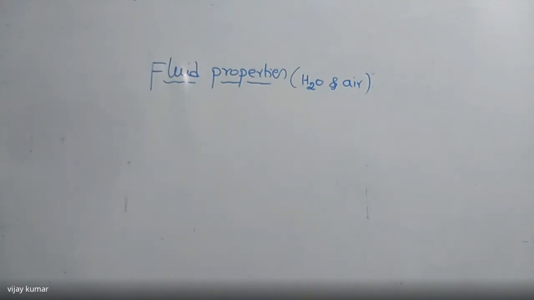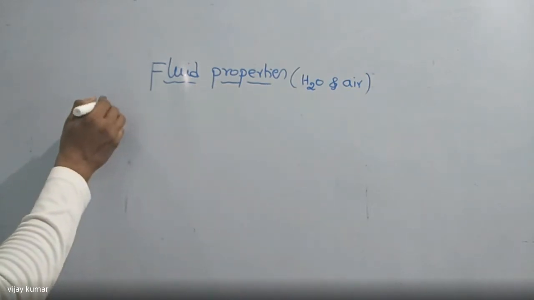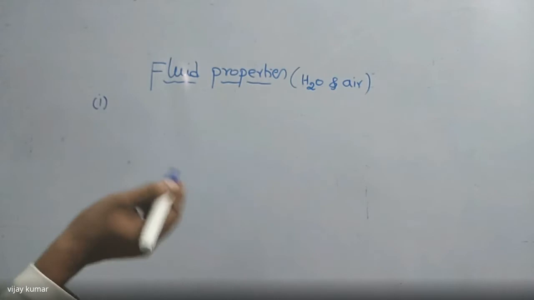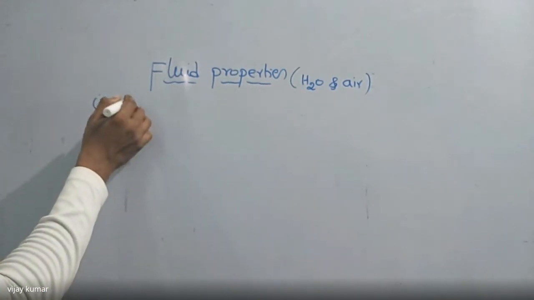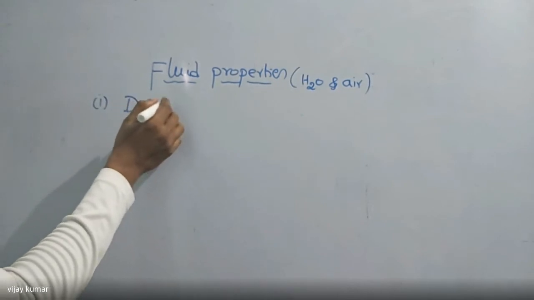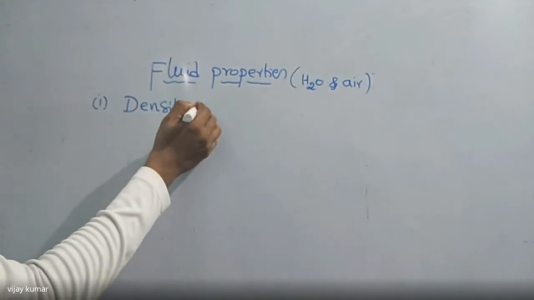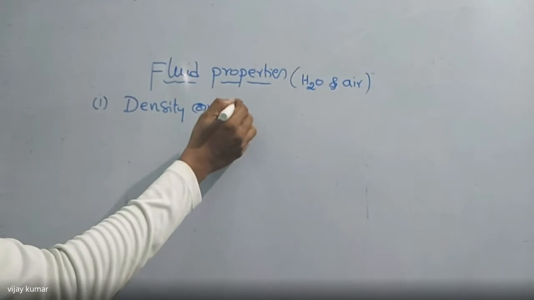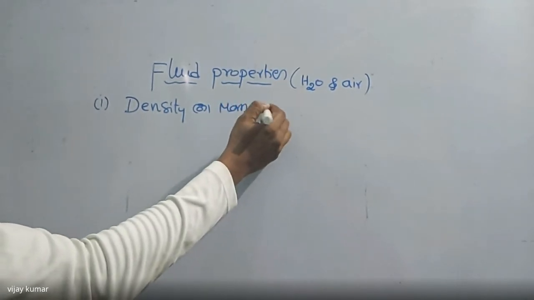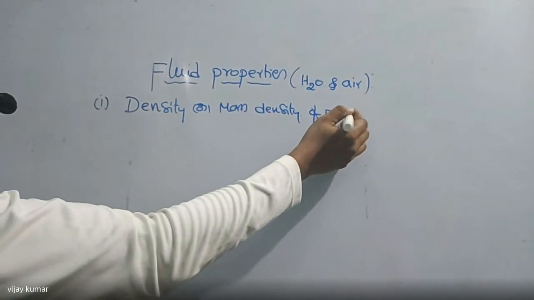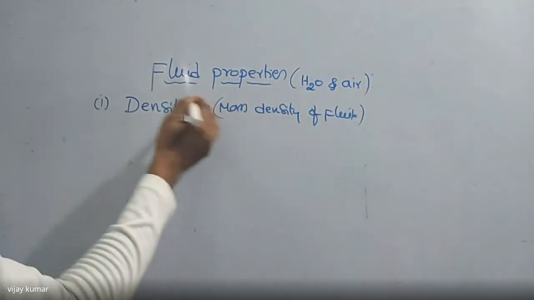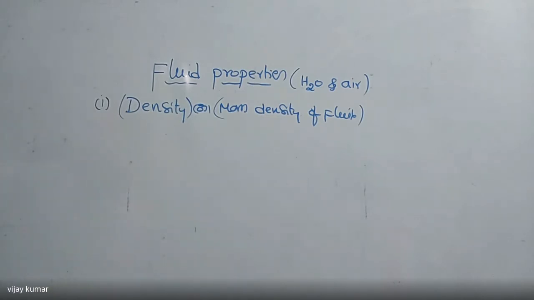What are the properties contained by water and air? First one, if you take water or air, both contain a property that is named density or mass density. Density of the fluid, or mass density of the fluid. This is the first property.